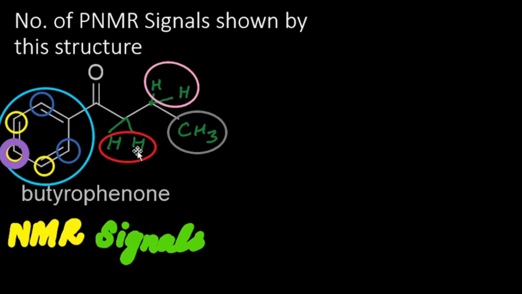Same case here. I have also divided it here for your ease. So the number of proton NMR signals is shown by this structure. I can also leave this structure, and you may comment in the section how many signals are present here. It is easy. I have already separated the different kinds of hydrogens that are of different chemical environment.